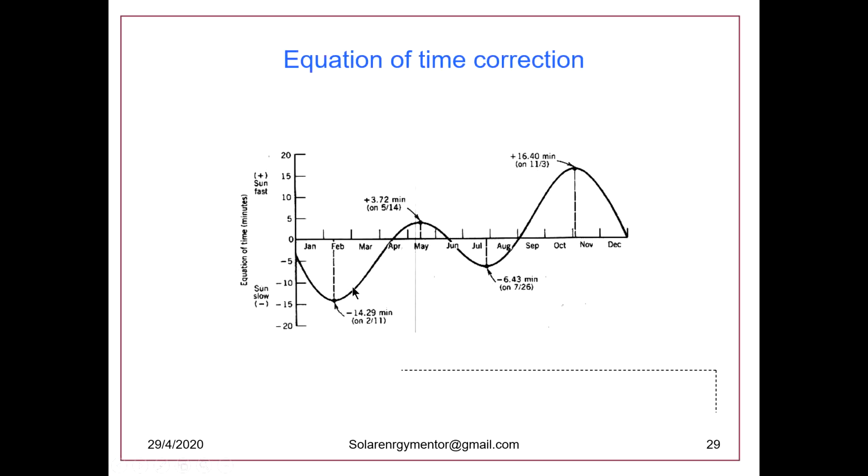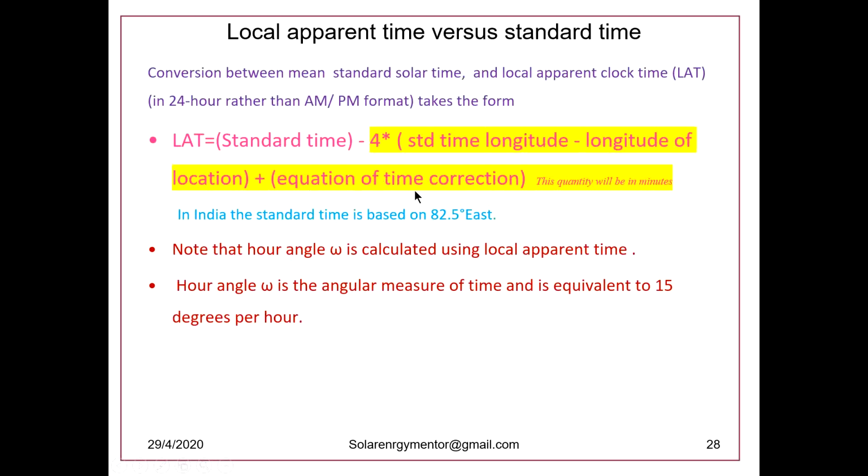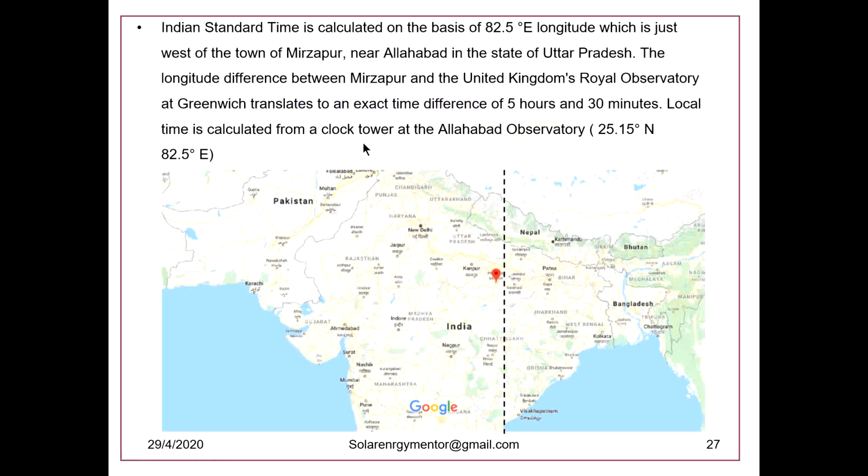So equation of time correction can be negative, it can be positive. The equation of time correction must be added. Now this quantity in yellow color comes in minutes. So we have to subtract when the locations are on the western side.